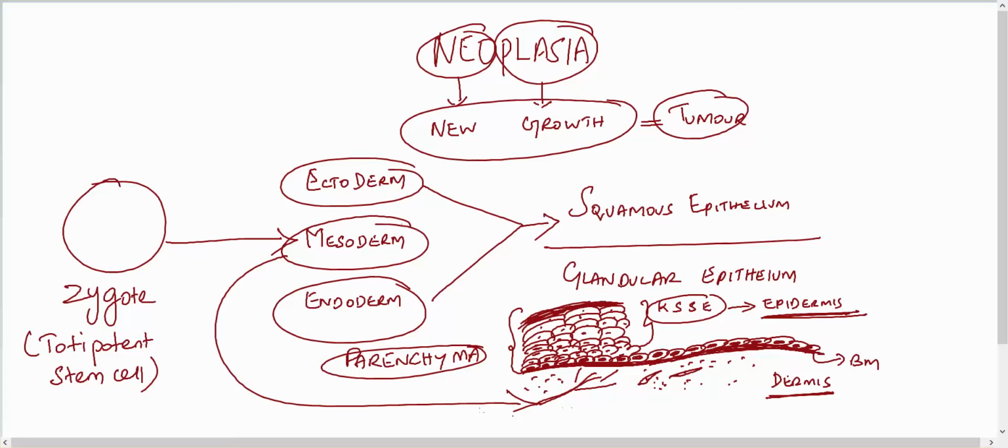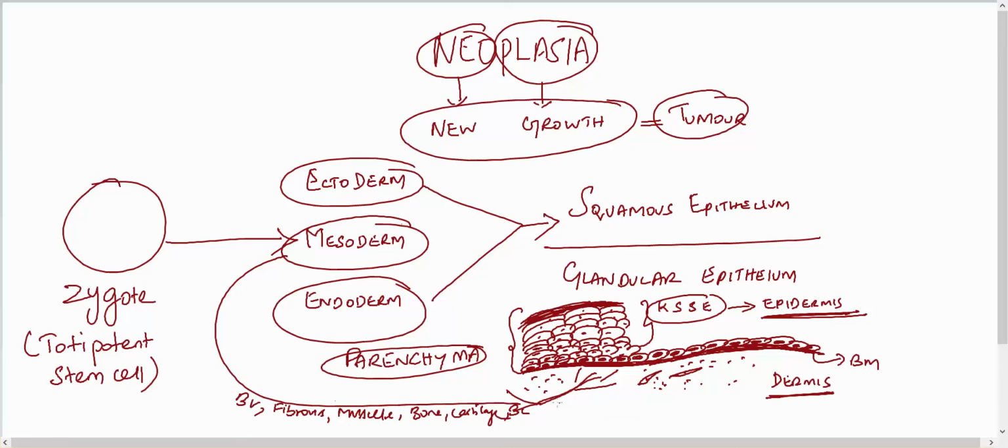So blood vessels, fibrous tissue, even muscle, bone, cartilage, and blood cells. These are the tissues that come from the mesoderm. So many tissues come from the mesoderm.